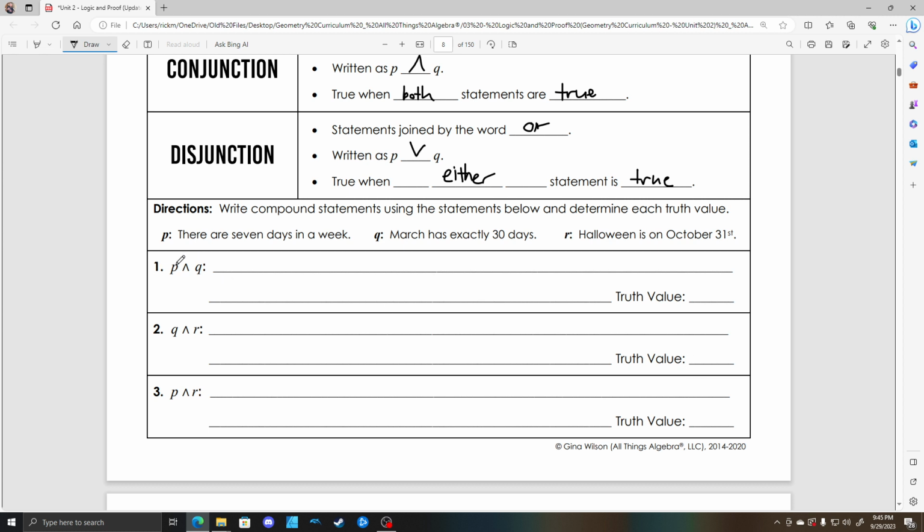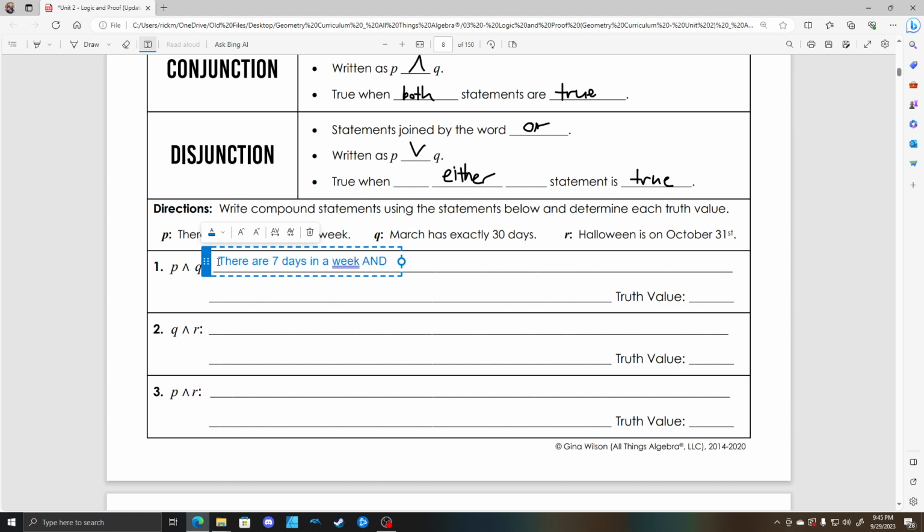So let's go ahead and look at number 1. It says P, and then it says looks like an A, right? So that means P and Q. So what we're going to do is we're actually going to use both of those, and I'm going to type to save you guys the trouble of having to read my handwriting. So it would be, there are 7 days in a week, and, right, March has exactly 30 days.